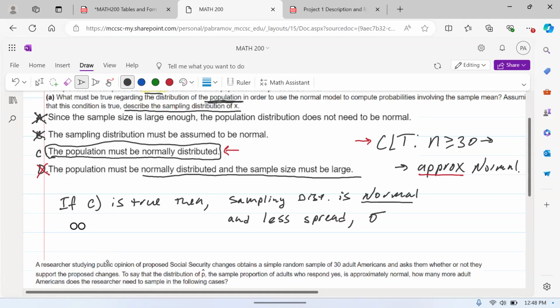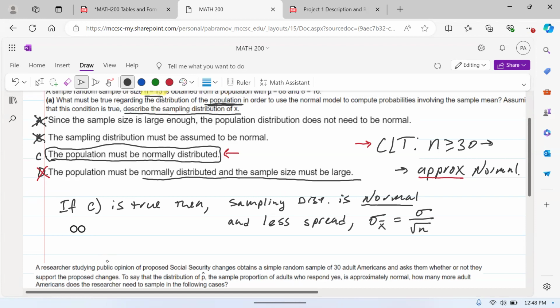Because remember, the standard deviation of the sampling distribution is equal to the standard deviation of the population divided by the square root of n. So then our standard deviation of the sampling distribution would be smaller.